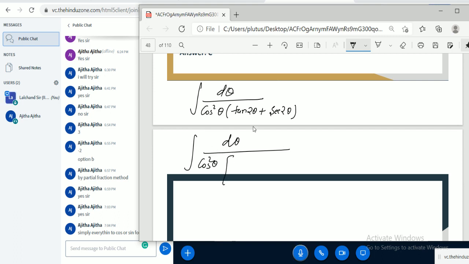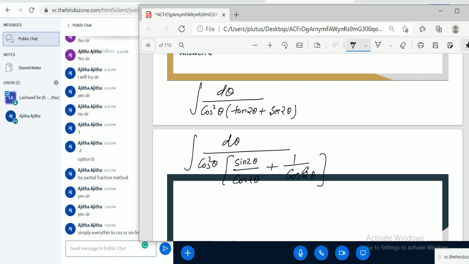We can write the value of tan 2 theta as sine 2 theta by cos 2 theta plus 1 by cos 2 theta.